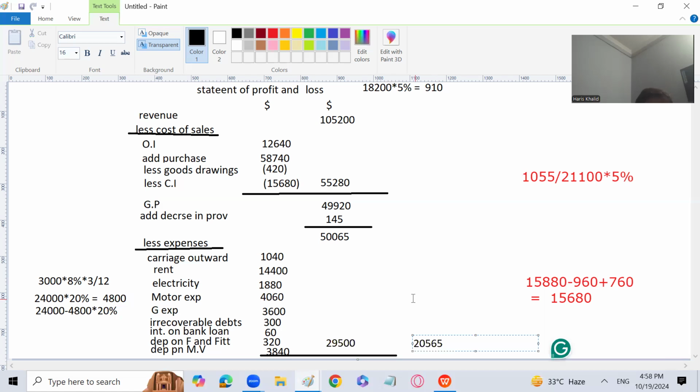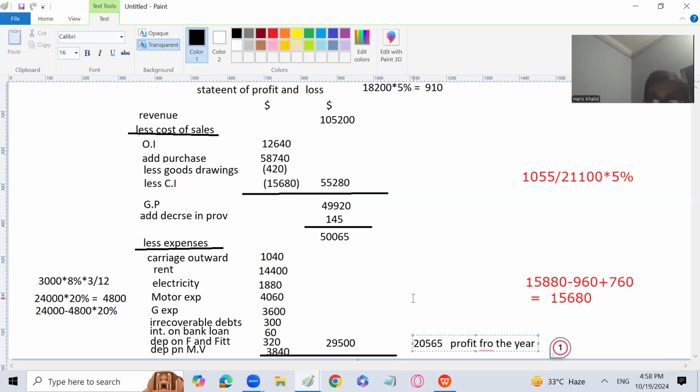Because the space was not there, that's why I have written it on the right side, but I have completed the question. The spelling went wrong, no matter, it doesn't matter at all for this. So 20565 is going to be the answer.